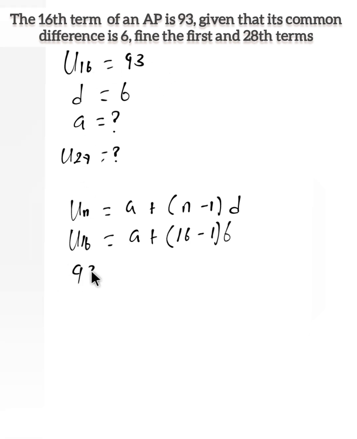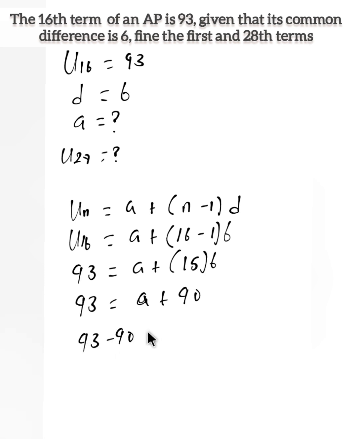So 93 is equal to a plus 15 times 6. Then 93 is equal to a plus 90, since 15 times 6 is 90. So we have 93 minus 90 is equal to a, and a is equal to 3. Hence the first term is 3.